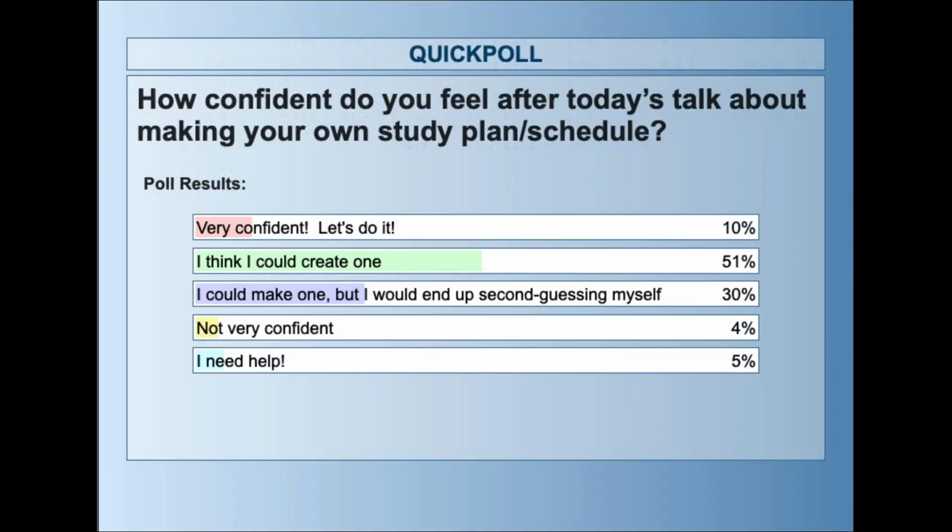All right, pretty good. So we're clustered up near the top there. Reasonable degree of confidence. Those of you who are second guessing yourselves, you're not wrong. Probably, based on the other polls, at least a little bit of this is because not all the plans you made have worked out.